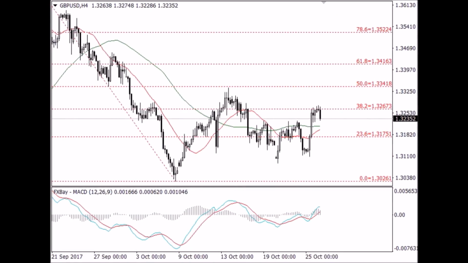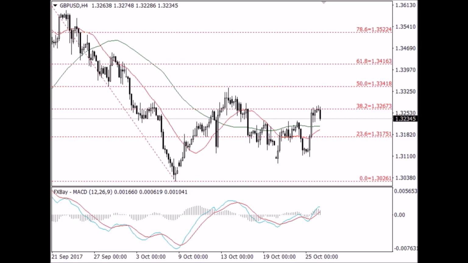So now it's the technical analysis session. The first instrument is the Great British Pound against the US dollar pair on four-hourly charts. The prospect of a more hawkish Fed and bullish economic data failed to help the dollar shake off losses against sterling. The GBP/USD pair was stronger following better than expected economic growth data on Tuesday, and traded near the resistance level at 1.327.